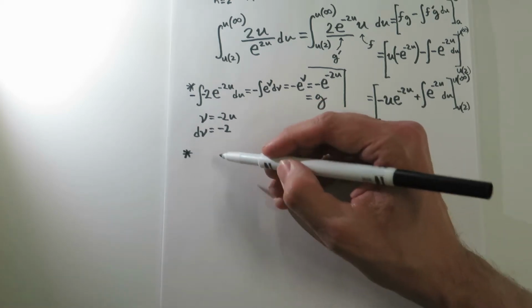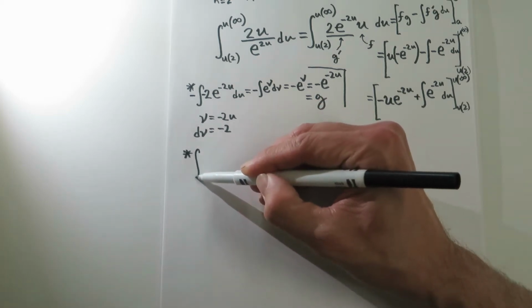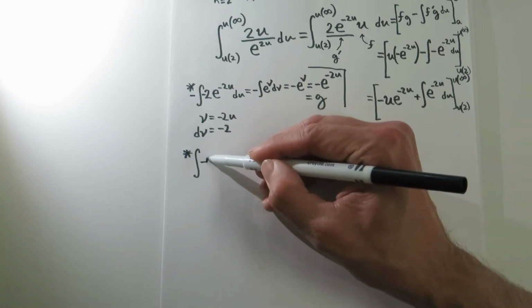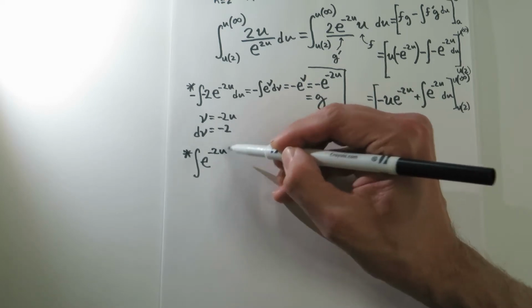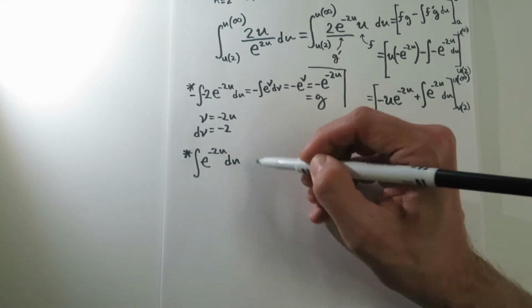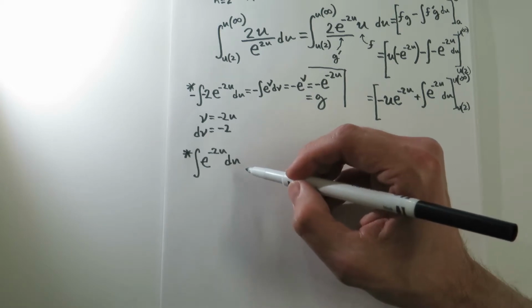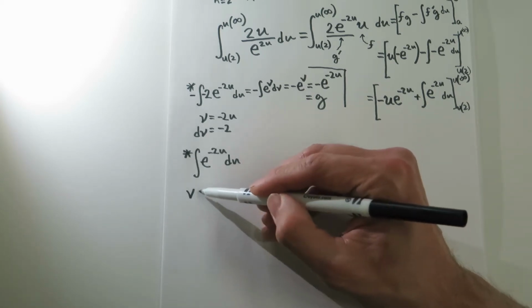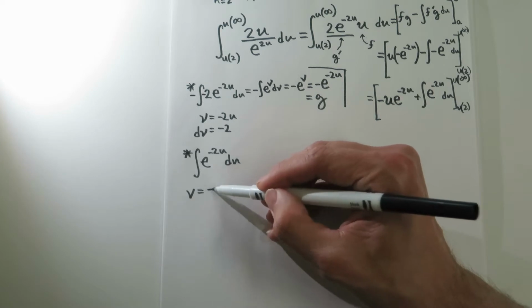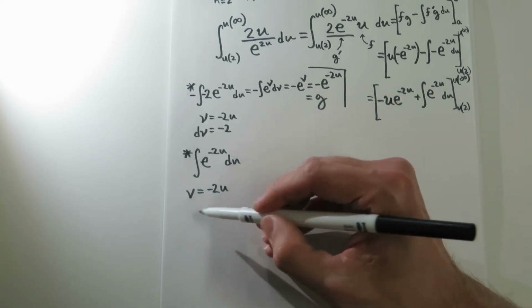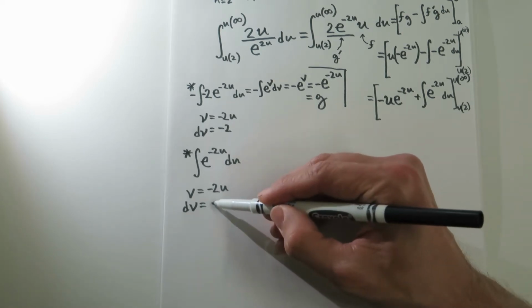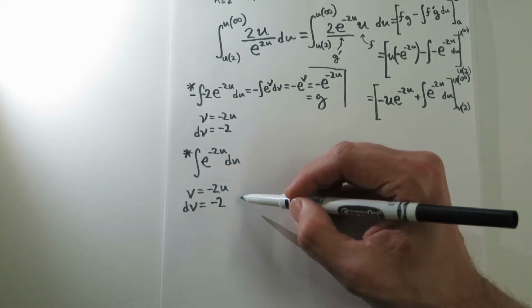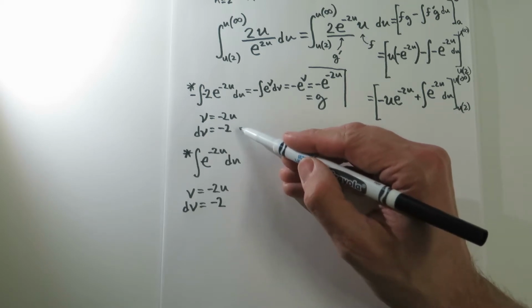So just make a little side note down here. The integral of e to the negative 2u du. Well, if we let v equal negative 2u again, then our dv is going to equal negative 2, and what I didn't show up here is that there would be a du here.